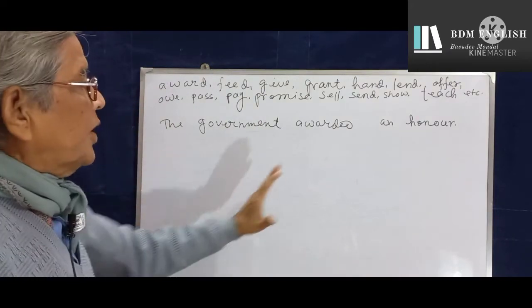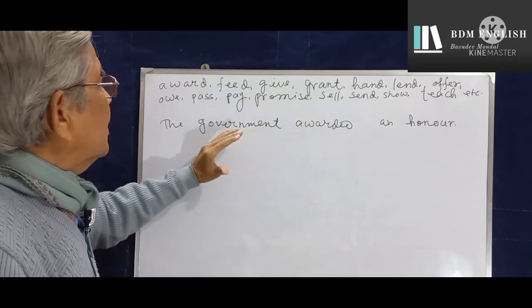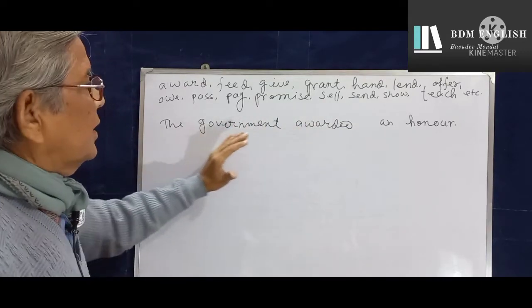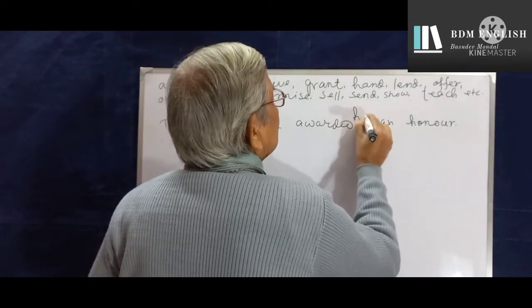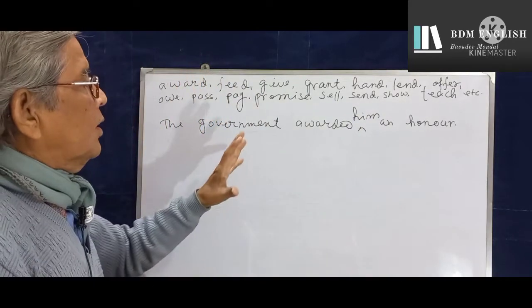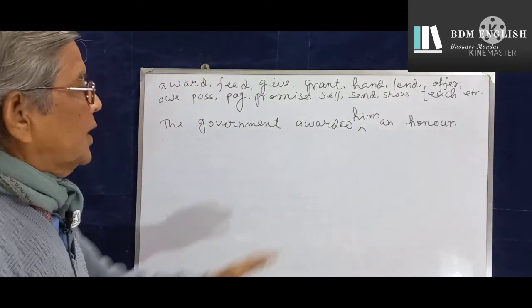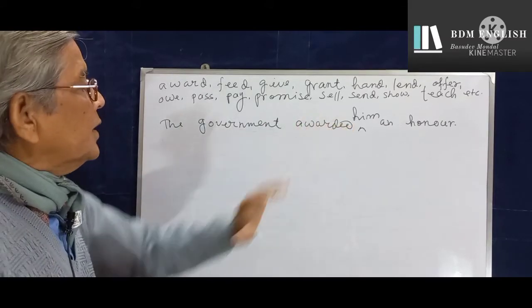First, the government decided on the honor which they would give to him, and then they handed the honor to him. Therefore, an honor here is the direct object and him is the indirect object.